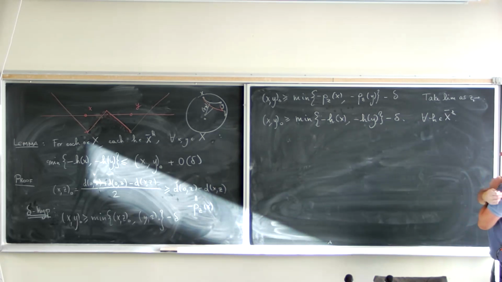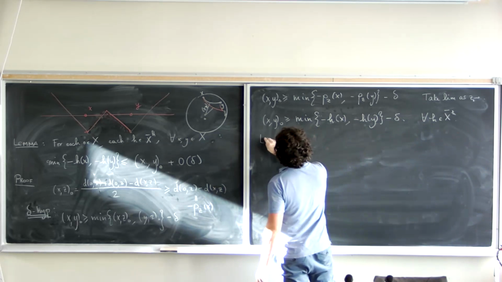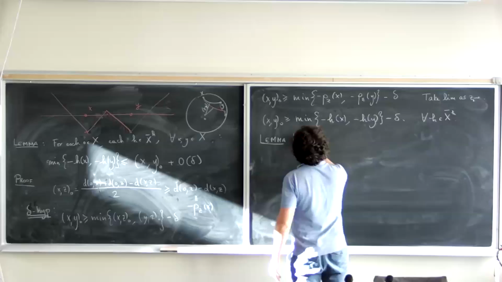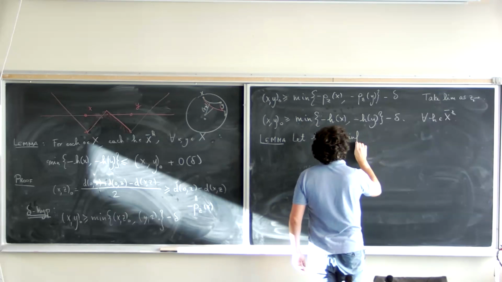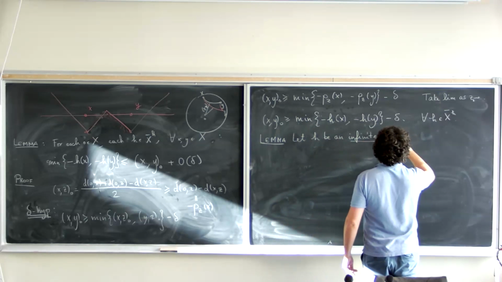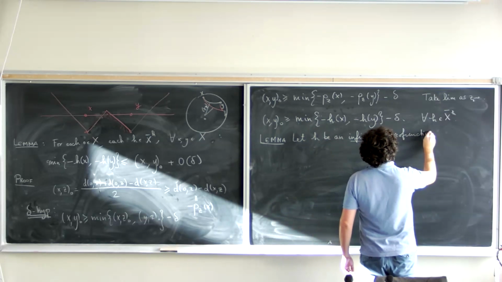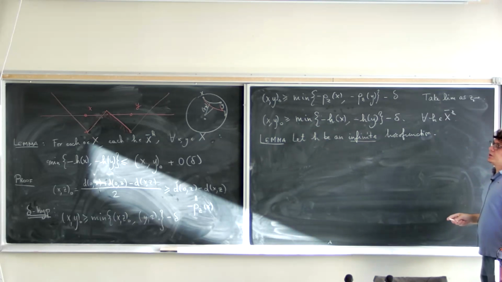Why is this neat? Because now we think of the following. Suppose h is an infinite Horo function. What does it mean to be infinite?